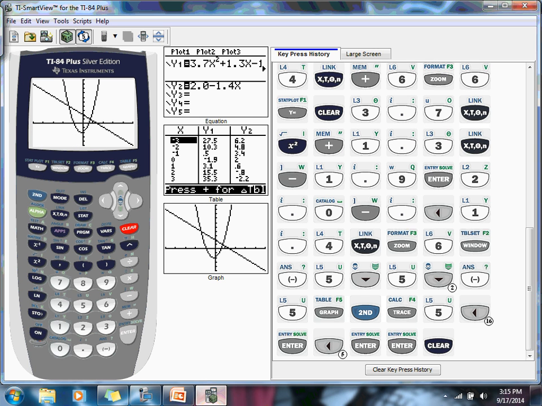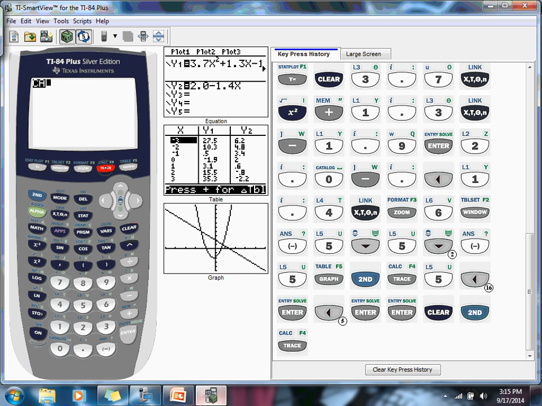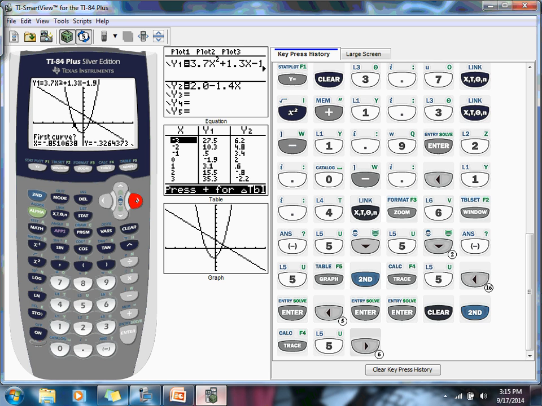So I'm going to do the same process except on the other side. So I'm going to do second calc. I'm going to do 5 because I want to find the intersection. Now this time I need to arrow over so that I'm on the parabola, and I need it to be near where that intersection is. So hit enter.